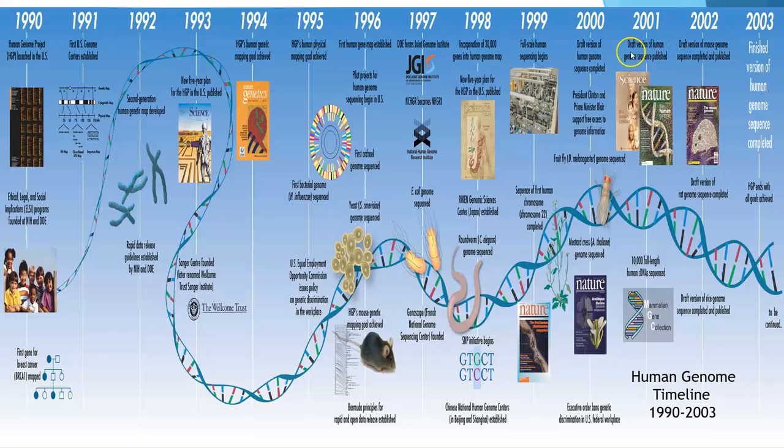In 2001, the draft version of the human genome sequence was published, and in 2002, the draft version of the mouse genome sequence was completed and published. Finally, in 2003, the finished version of the human genome sequence was complete. HGP ends with all goals achieved. So all the goals were achieved, and yet further research is to be continued. But so far, the entire timeline is an interesting way to understand the Human Genome Project.